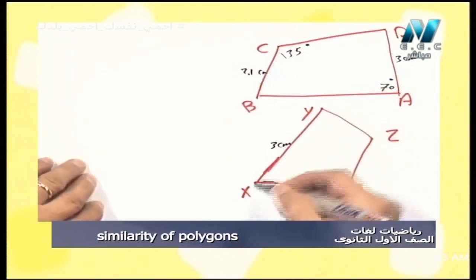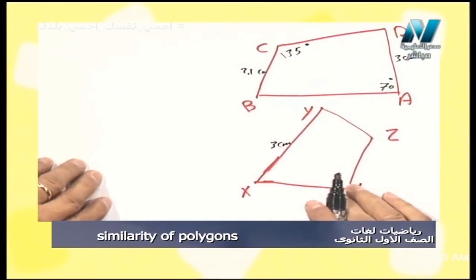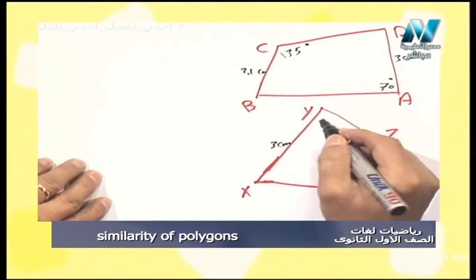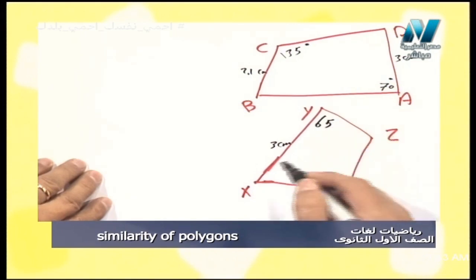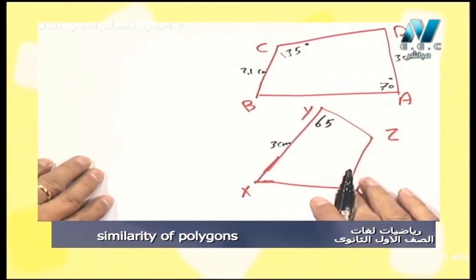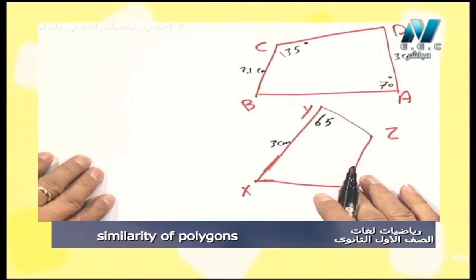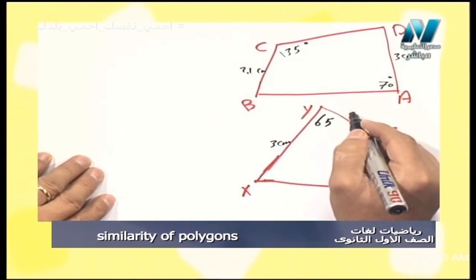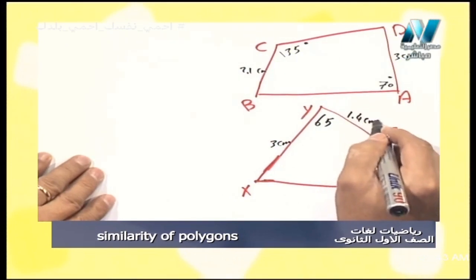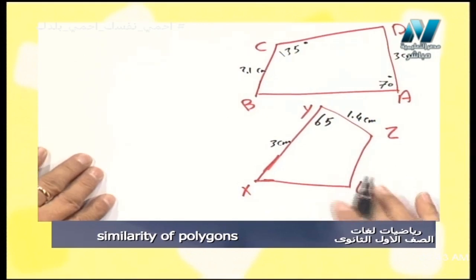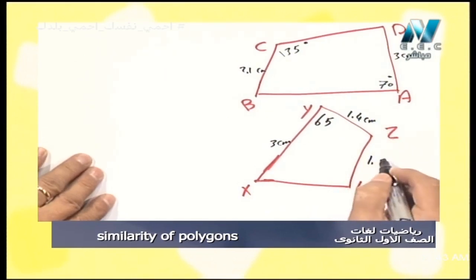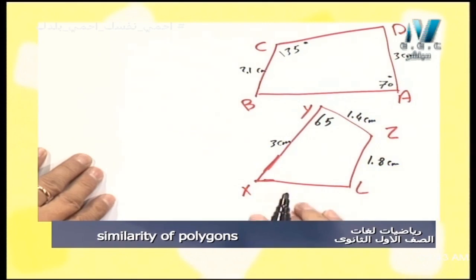I apologize about the scale, it's not the same, it's just numbers. Okay, and this one is 1.4 centimeters, and ZL is 1.8 centimeters.